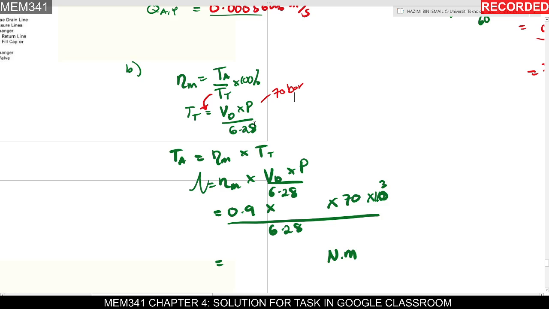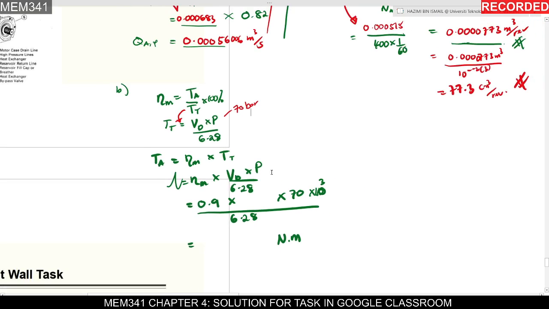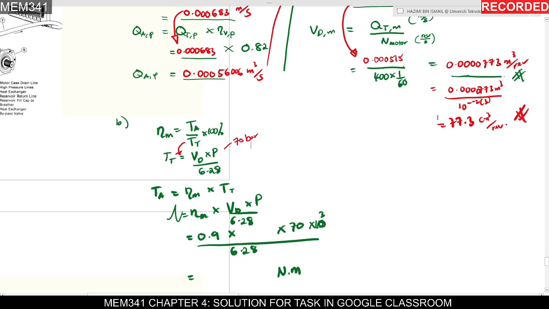Okay, VD here comes from here, 77.3 centimeter cube per revolution. By using this equation, I rearrange that: TA, actual torque, equals efficiency of the motor times the theoretical torque.